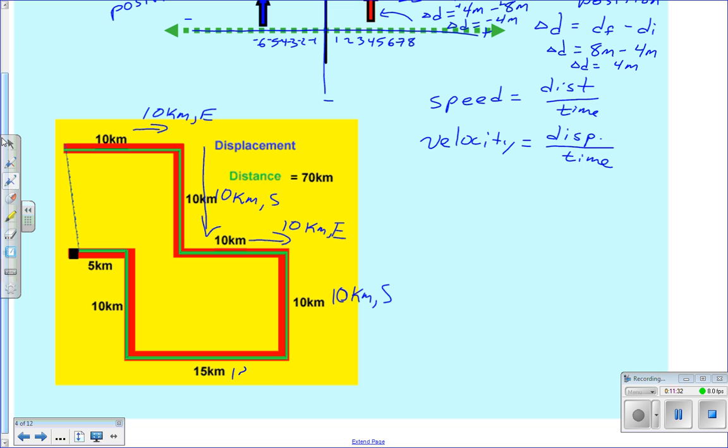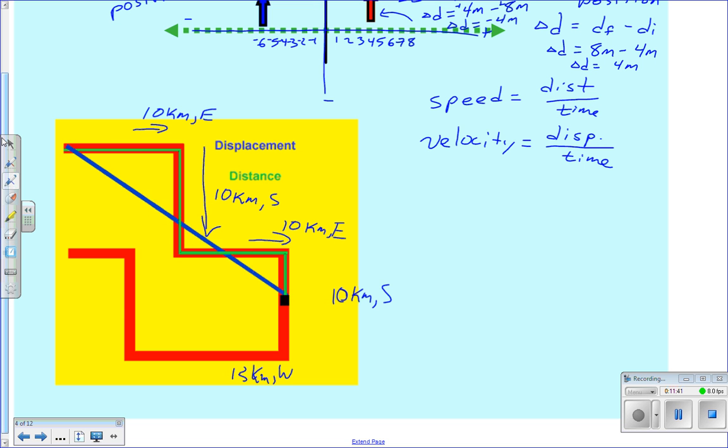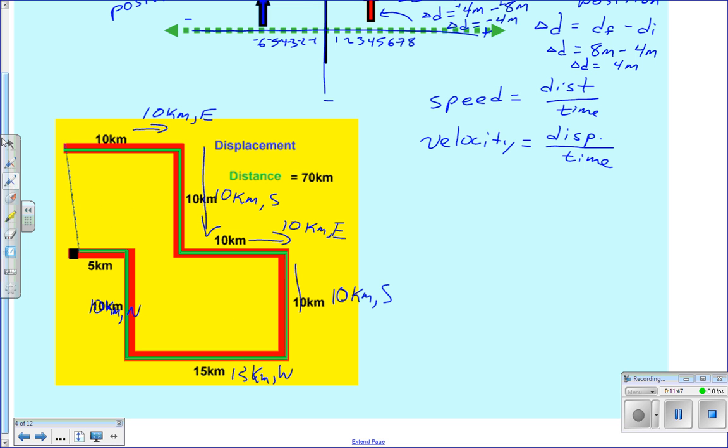and then 15 kilometers to the west, and then I believe it was 10 kilometers back to the north, and then finally 5 kilometers to the west.